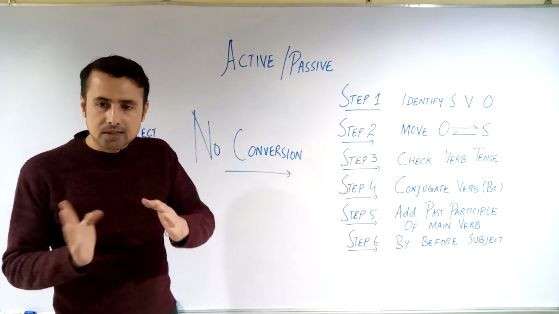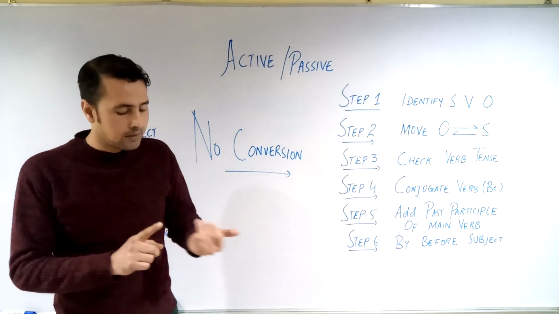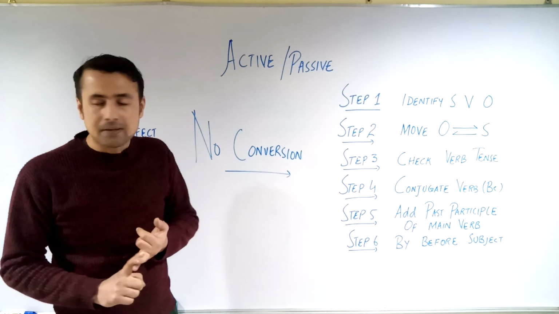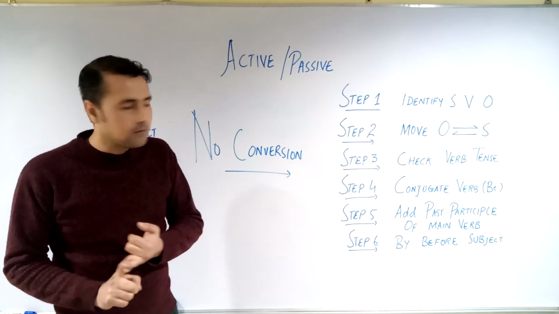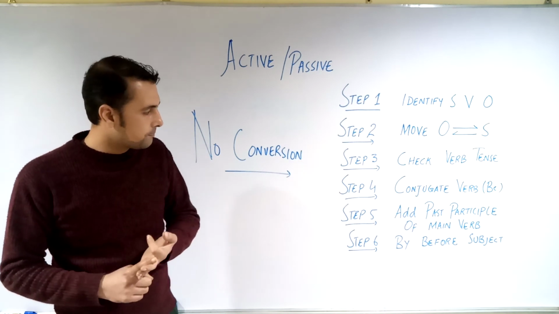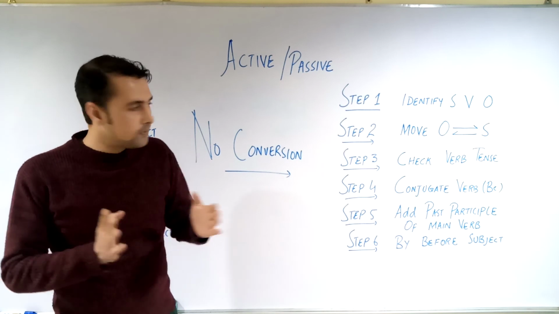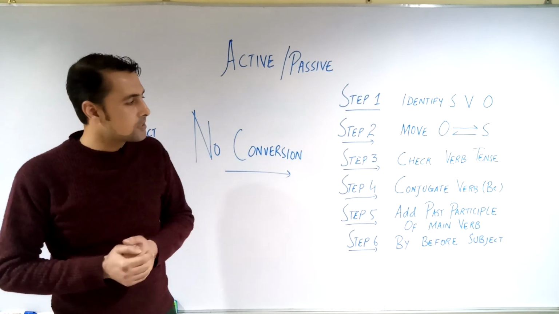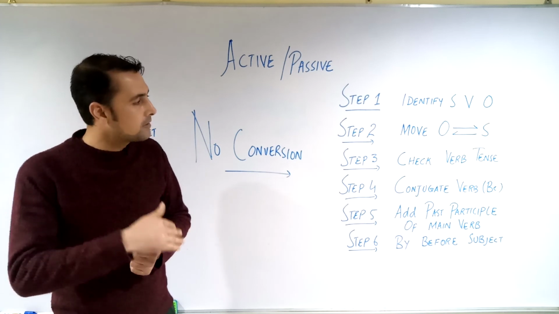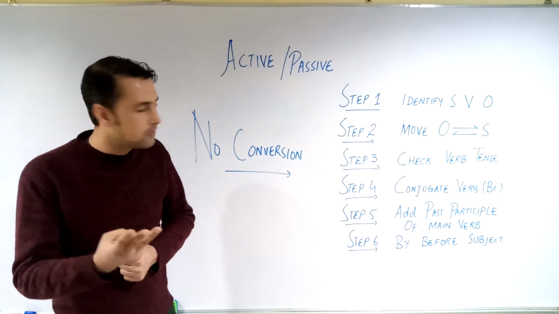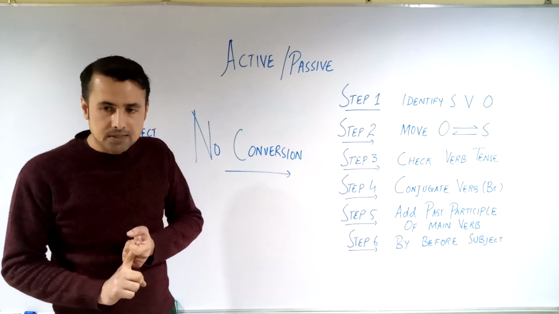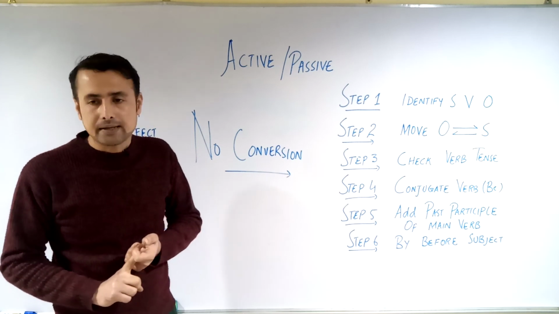Plus, you need to conjugate the be form. With present, you need to place the present be form. With past, the past be form. And in future, the future one. Along with that, whenever you change an active voice into passive voice, keep in mind, no matter which tense it is, the third form of the verb will be placed. Whereas before the subject, you need to put the preposition by.